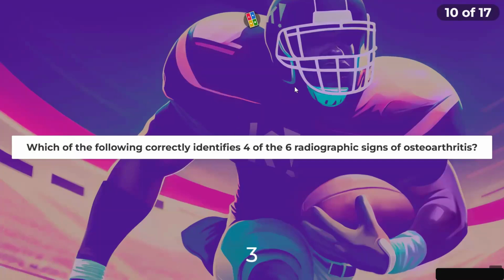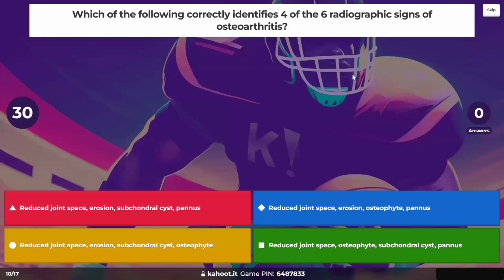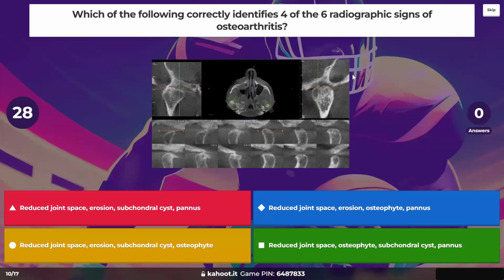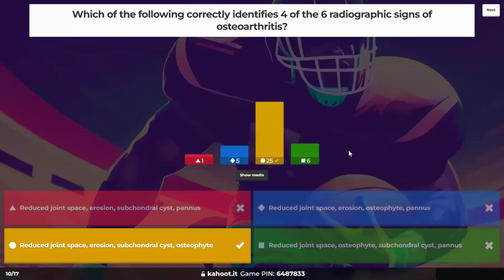All right, which of the following correctly identifies 4 of the 6 radiographic signs of osteoarthritis? Big hint here is look for the one that doesn't have what? So 3 of the 4 have pannus in it.